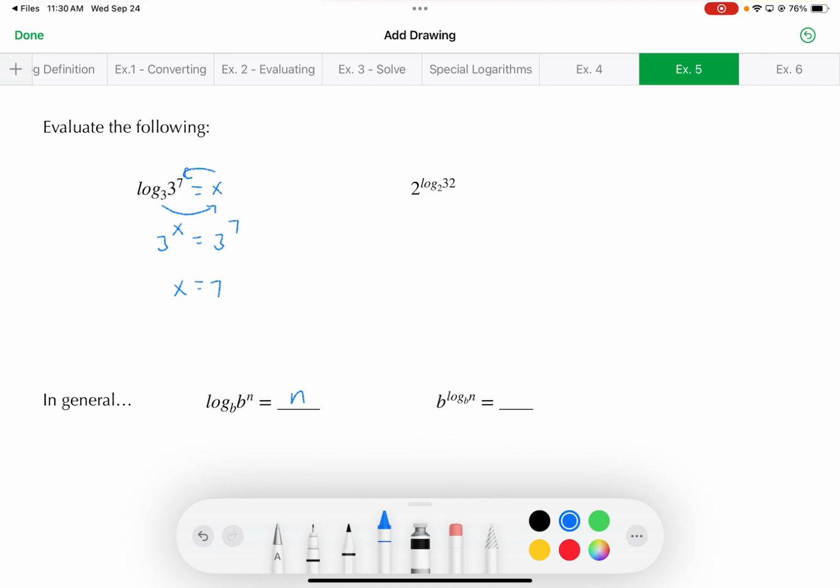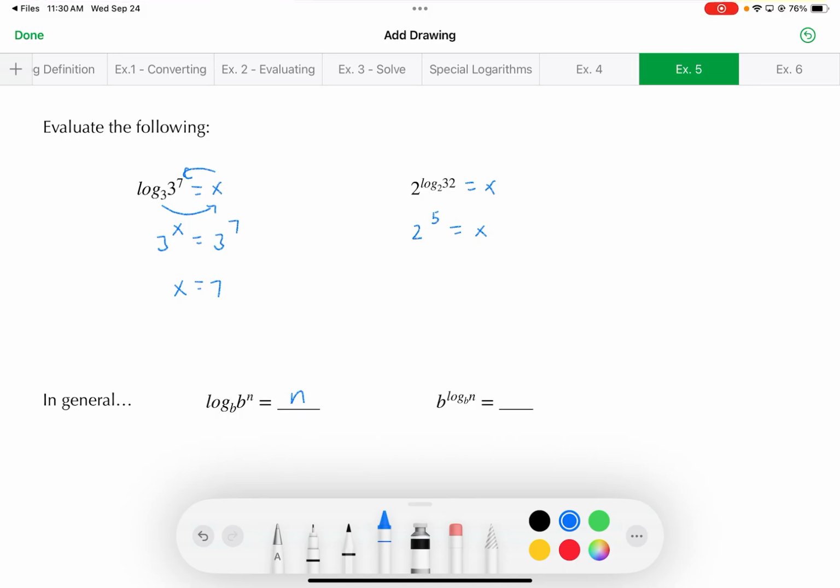2 to the power log base 2 of 32. Well, a couple ways you could look at that. What's log base 2 of 32? Somebody said it. 5, yes. Okay, log base 2 of 32, that means 2 to what power is 32? 2 to the 5th power is 32.